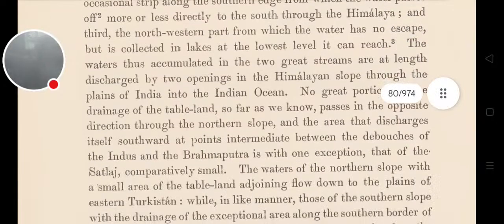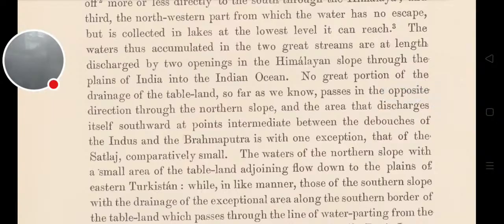And third, the northwestern part from which the water has no escape but is collected in lakes at the lowest level it can reach. The waters thus accumulated in the two great streams are at length discharged by two openings in the Himalayan slope through the plains of India into the Indian Ocean.